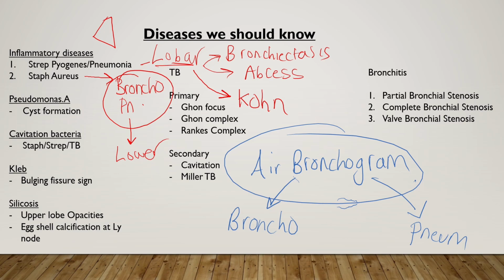One big thing to differentiate these 2 diseases is the phenomenon of air bronchogram. Air bronchogram is basically a phenomenon in which you have patent airways within the consolidation. So, bronchopneumonia does have air bronchograms.